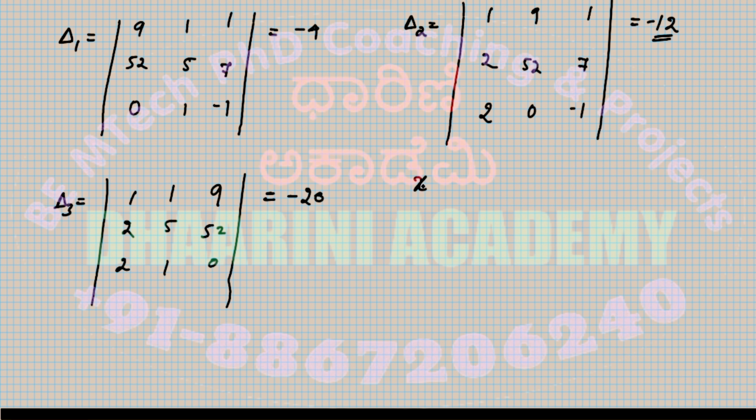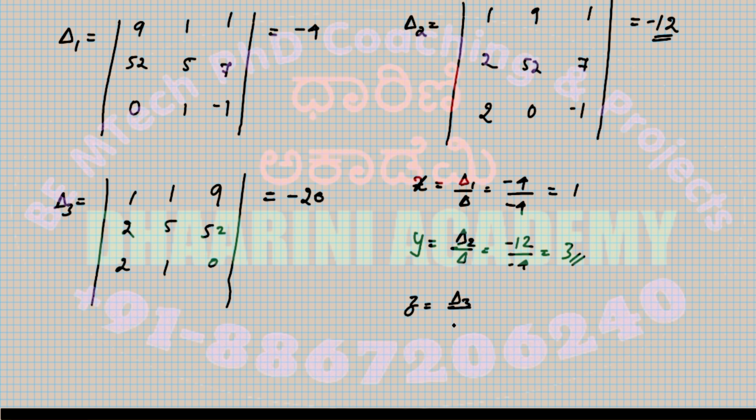So now let's calculate the unknowns. x is equal to delta 1 by delta. Delta 1 is minus 4, and delta also came as minus 4. So x equal to 1. Then y is equal to delta 2 by delta. Delta 2 is minus 12, delta is minus 4. So this is 3. And the z value is equal to delta 3 by delta.